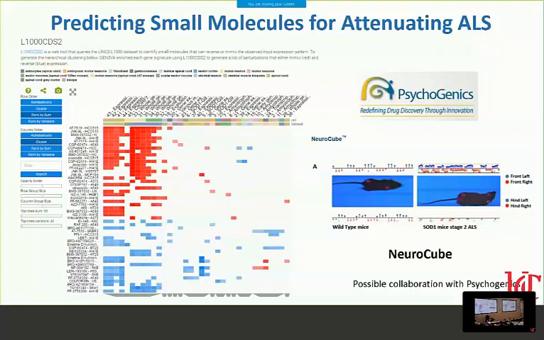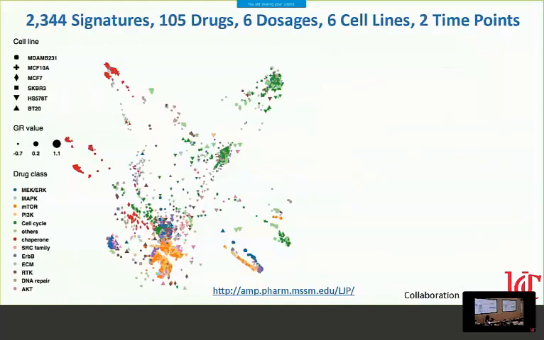And there is this company called Psychogenics who has this platform to screen small molecules for ALS using a rat model, where they actually image the rats and they use machine learning to gauge various properties of the videos that are collected from the rats treated with the various drugs. So one idea, and now we are talking to them, is to test some of those top predicted small molecules, consistent across studies, for this.